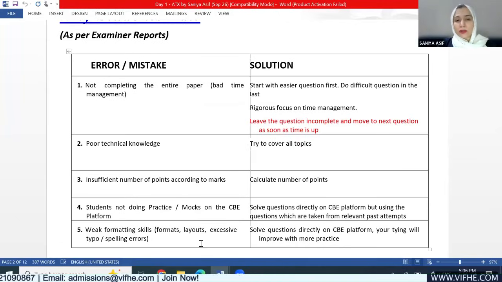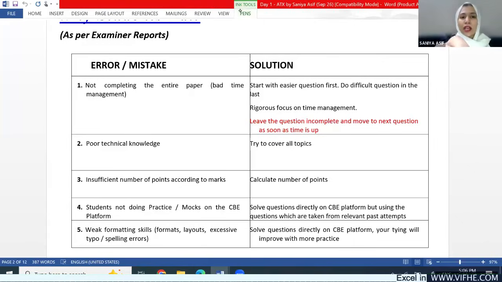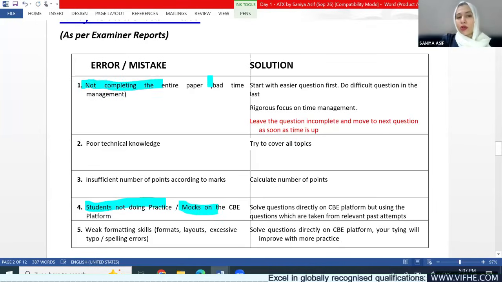These are the common pitfalls which need to be avoided, as in you really should do practice and practice on the practice platform before appearing in the real exam. And if you are able to do the practice well, especially taking the mock, then you will be able to complete your entire exam, which is very important for the sake of securing good marks.